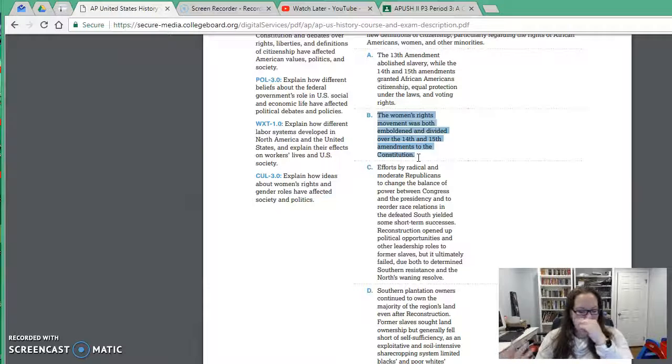One wanted to pass the 14th and 15th Amendments now, with African American men helping women get the right to vote later, and the other wanted to wait until it was all inclusive. After the amendments were ratified, it really didn't make any difference, so that's when they come back together and get the very confusing name of the National American Women's Suffrage Association.